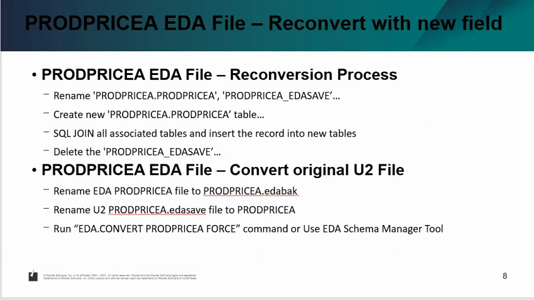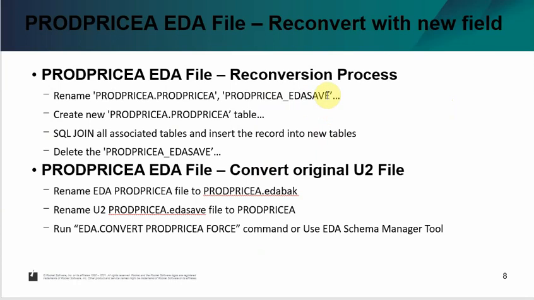For the default one, if your file is not really big, sometimes using the reconversion process is fine. It takes additional steps to copy the original table data to become _EDA safe on the remote server like SQL Server or MySQL.